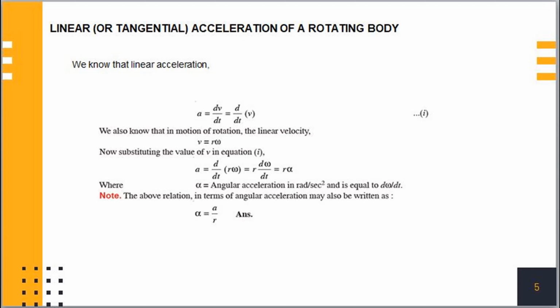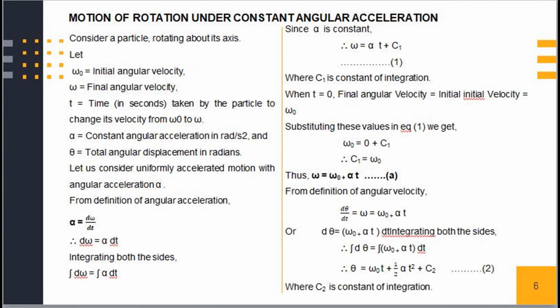Now substituting the value of v in equation 1, we get a is equal to d upon dt into r into omega, which is equal to r into d omega by dt. We know that d omega by dt is equal to alpha. Therefore, we get a is equal to r into alpha, where alpha is angular acceleration in radian per second square and is equal to d omega by dt. Please note that the above relation may also be written as alpha is equal to a upon r.